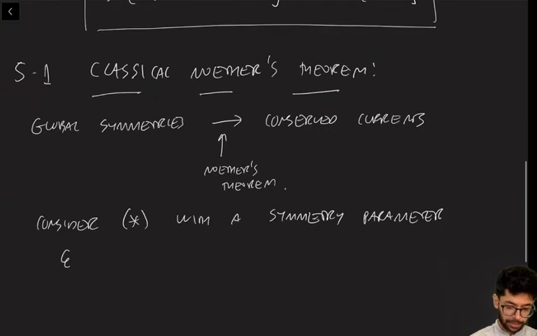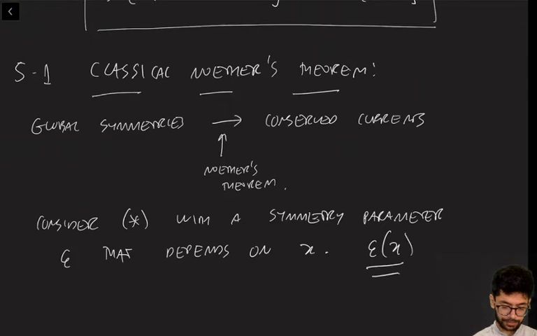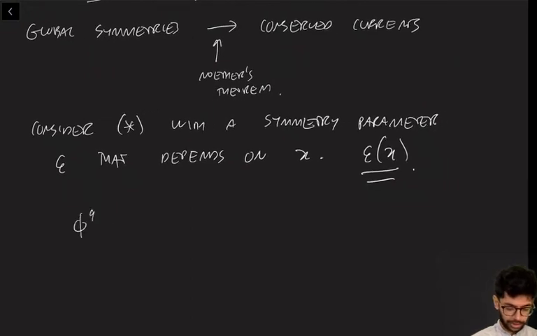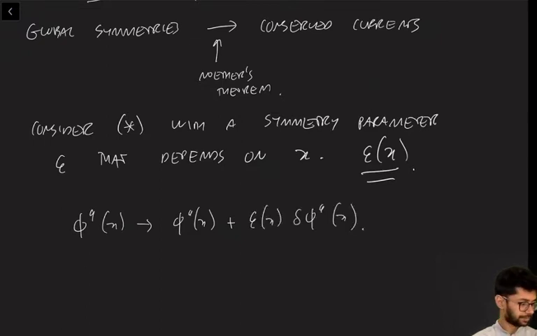The symmetry parameter epsilon that depends on x. Okay, so I'm going to consider epsilon of x, where x is the space-time coordinate. So my new transformation is phi A goes to phi A. So here, phi A is a function of x. Phi A goes to phi A of x plus epsilon of x delta phi A of x.